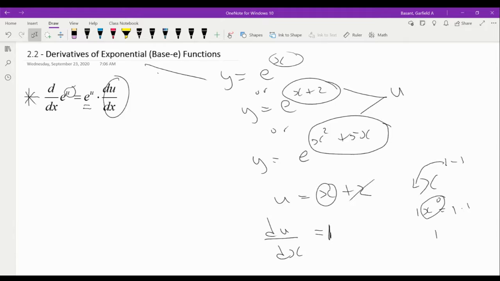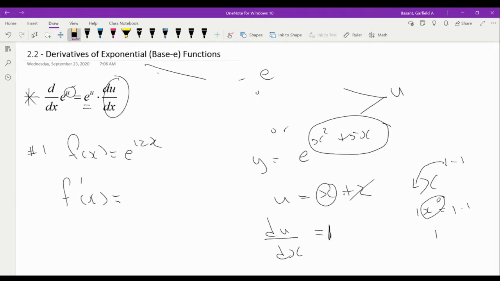So in MATLAB, the first question in your homework says f of x is equal to e to the 12x. Find the derivative of that. So f prime of x is the derivative on the left side. What is our u in this problem? 12x. Our u is 12x.